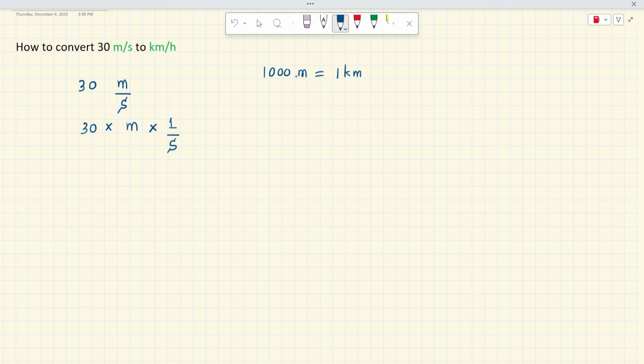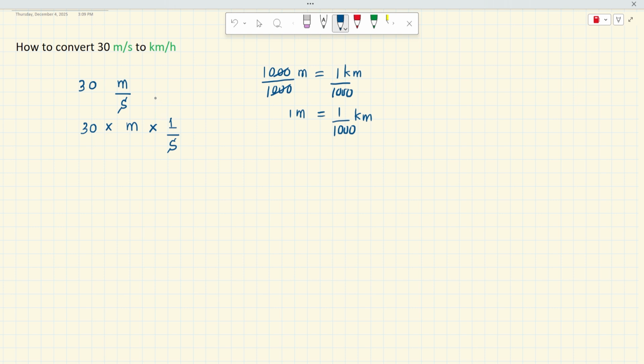So we need 1 meter. So I'm going to divide both sides by 1000. 1000 get cancelled. We get 1 meter equals 1 over 1000 kilometers.